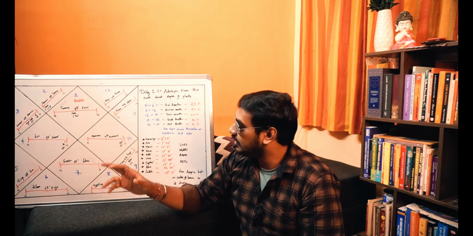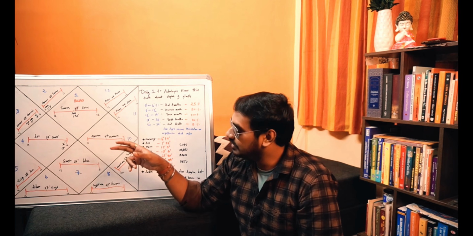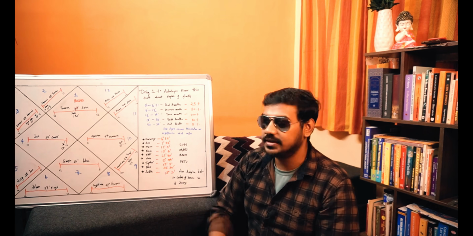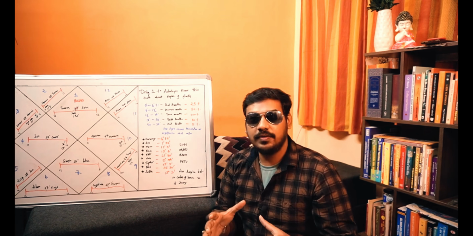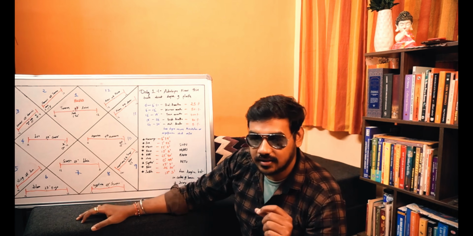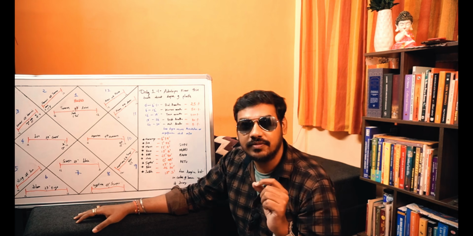Alright. Now, in this case, the planet Sun is placed at 1 degree 52 minutes. So, conventionally what people will say is that Sun is in Bal Avastha, Sun is not in good position, Sun is not strong, Sun is not capable of giving you results.